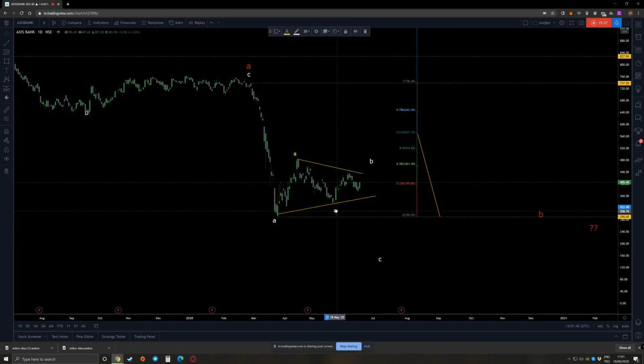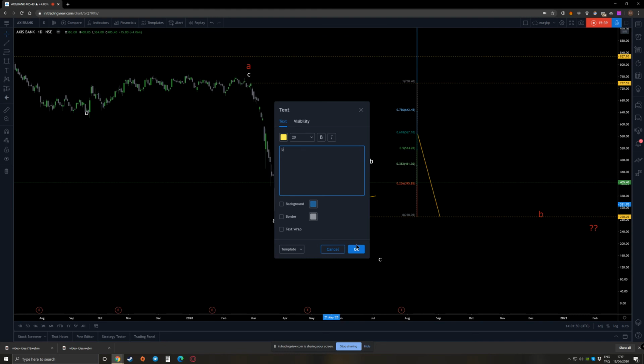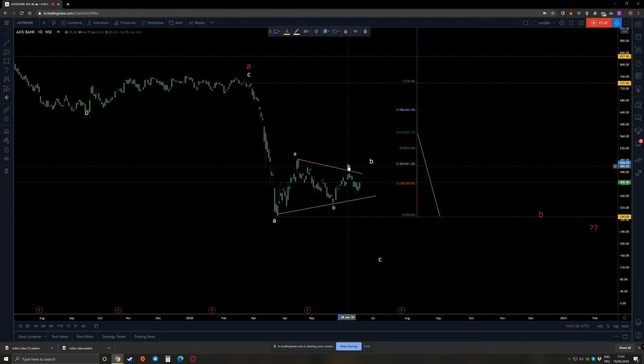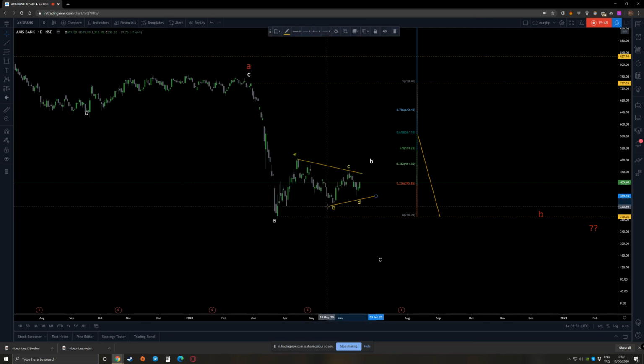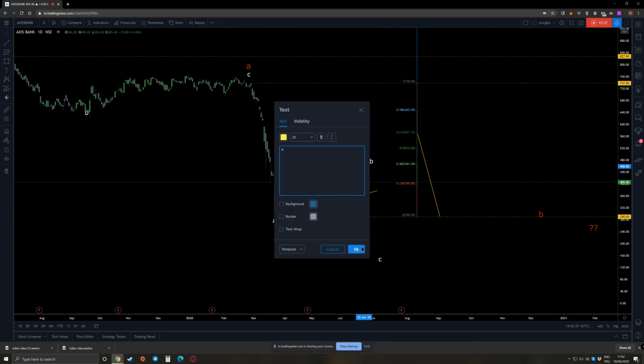So A, B, C, maybe D like this. Look, this is not where you should draw your trend line. Something like this. Okay. And maybe you will have a wave E that will pierce this. Okay.